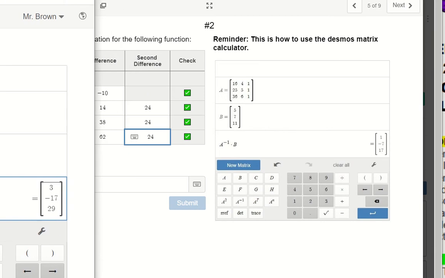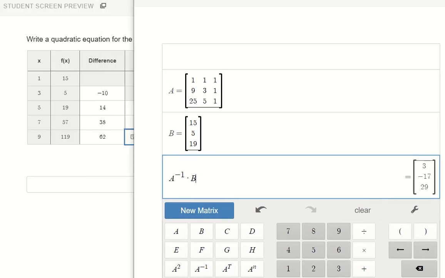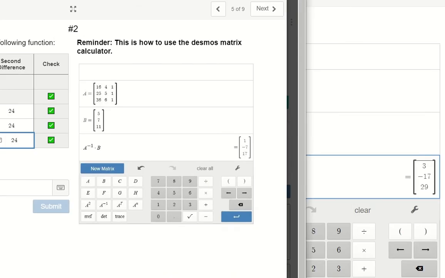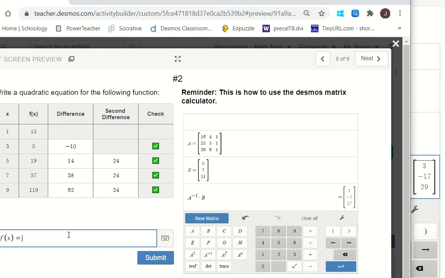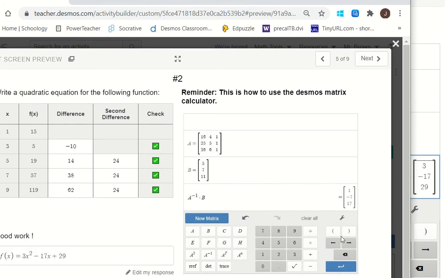So I'm just going to write in my equation. So we've got f of x equals 3x squared minus 17x plus 29.